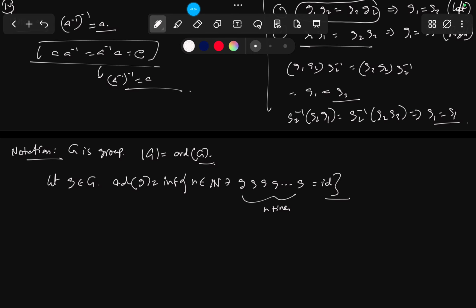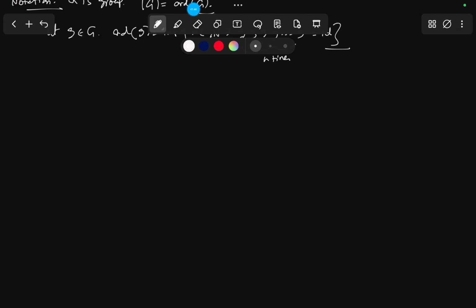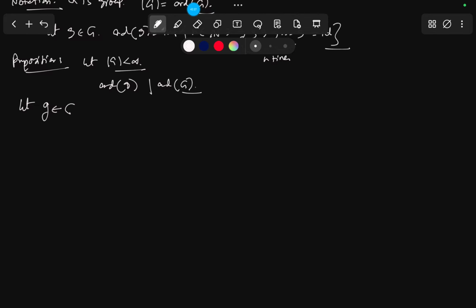Alright. Now let us consider that G is a finite group. There is a proposition which says: let G be a finite group, then the order of g divides the order of G. So let small g belonging to capital G be an element.